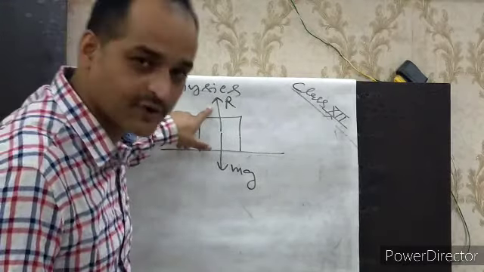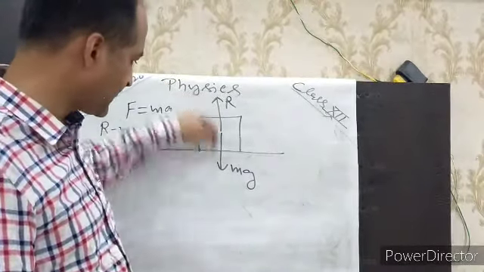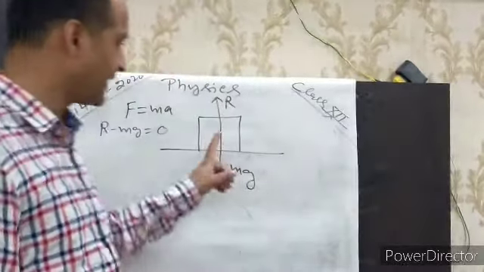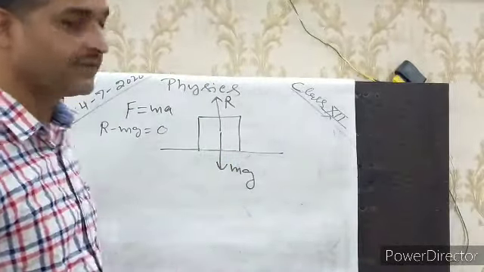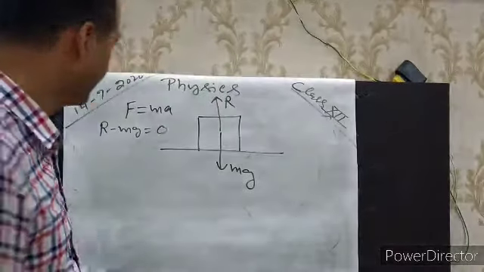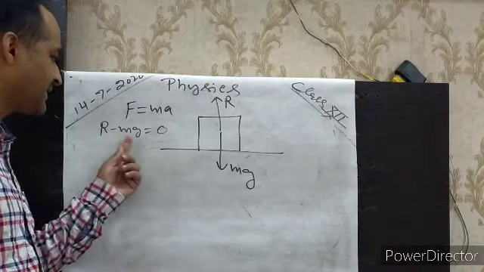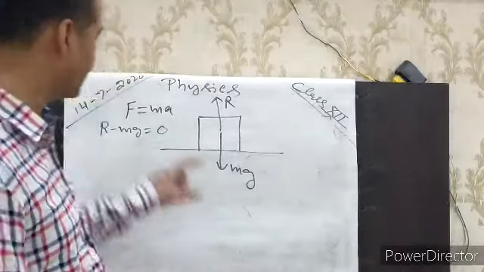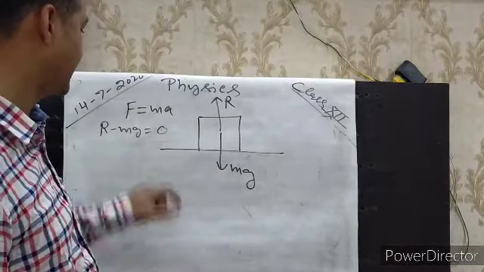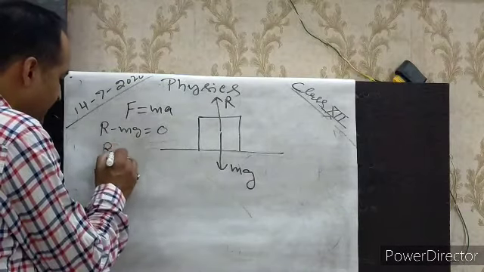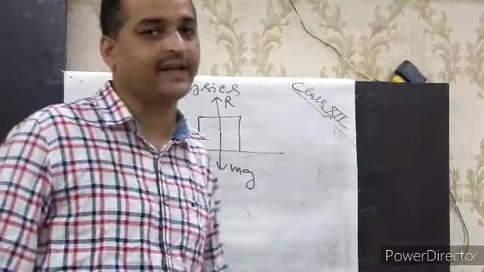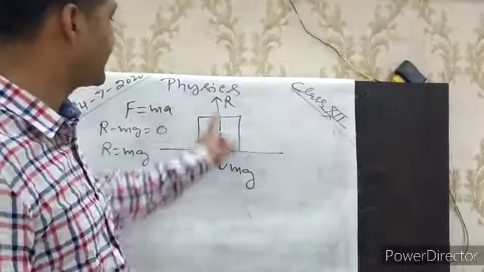If we take this force as positive, the downward force is in the opposite direction, and force is a vector quantity. If we take upward as positive, then downward we have to take as negative. That's why this is R minus mg. Now since the body is not moving, there is no acceleration, a is 0, that's why this is 0. Then R equals mg, means these two forces are equal and opposite, they are cancelling each other, that's why it is not moving.